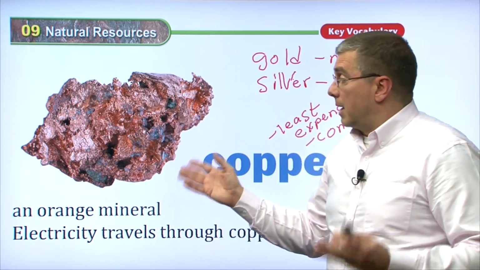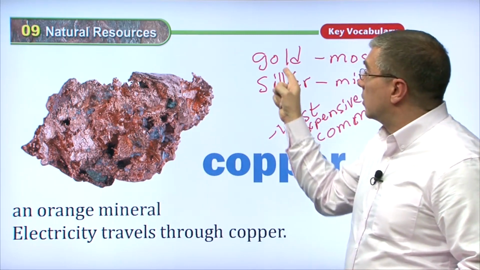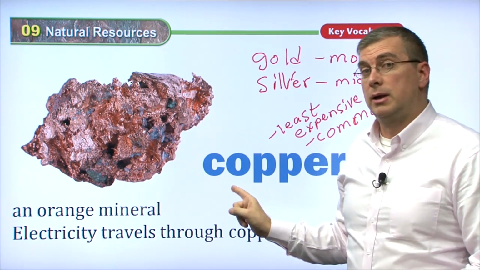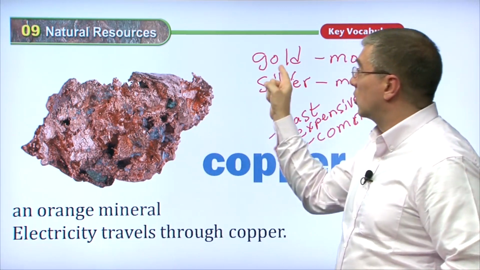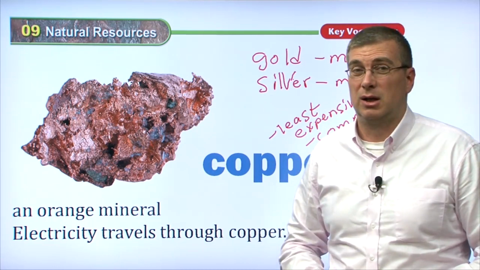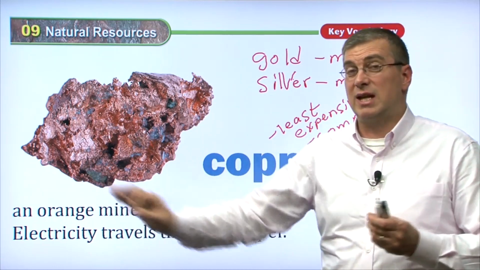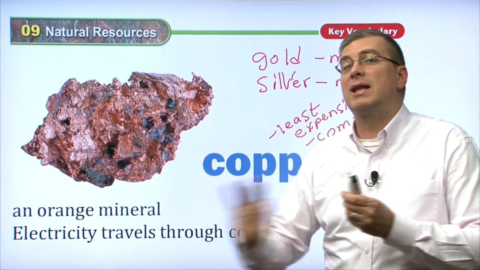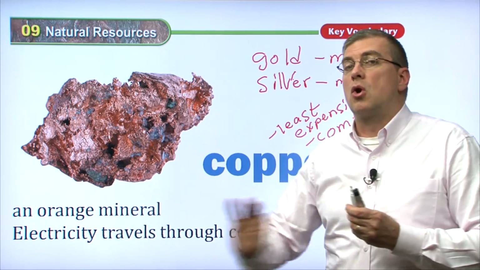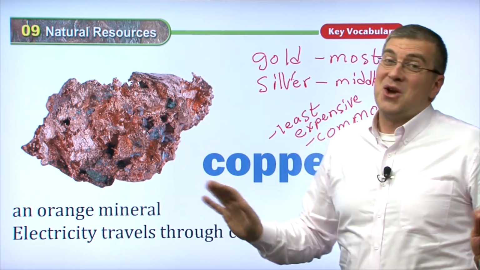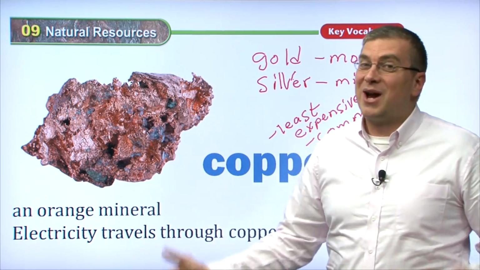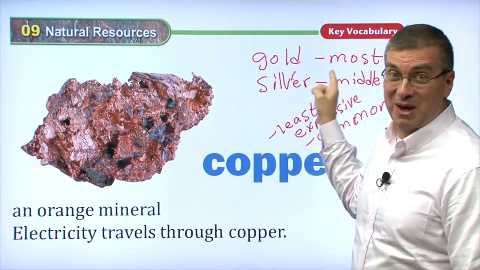Now, by the way, it's interesting to note, we can use gold, silver, or copper to move electricity. In fact, gold is a much better mineral for moving electricity. Electricity moves much more quickly and efficiently through gold than it does through copper, but we don't use gold in our wires. Why not? Because it's the most expensive.